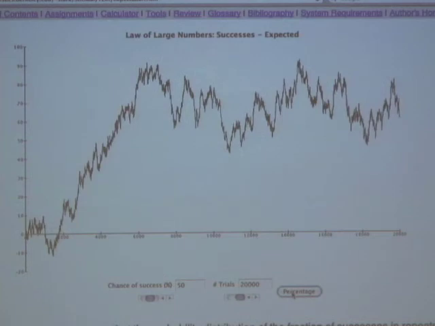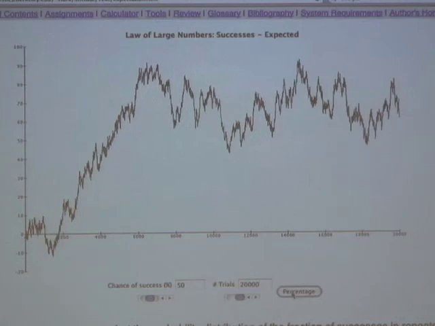But if the difference between the number of successes and p times the number of trials grows slower than the number of trials, when you divide by the number of trials, that difference is going to get closer and closer to 0.